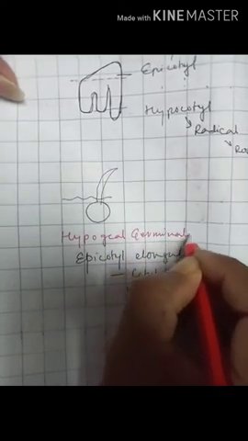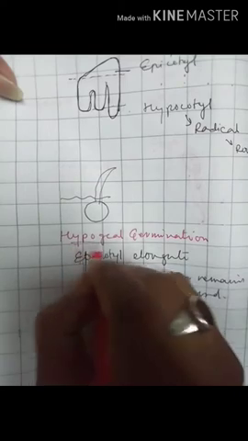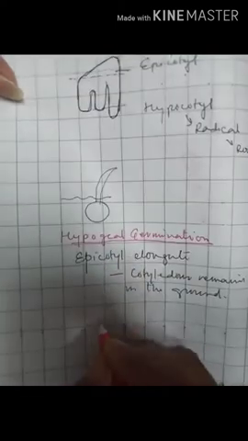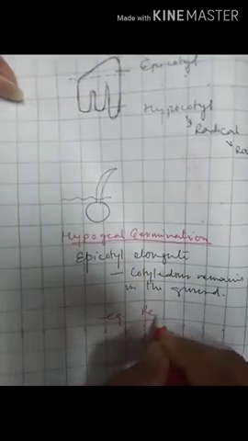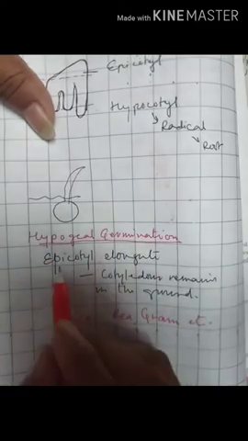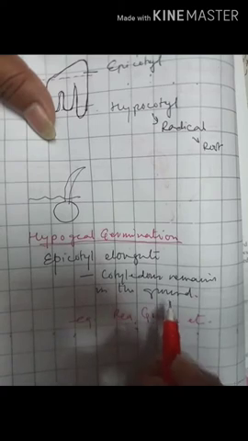Getting all of you? Hypogeal germination, and the examples are pea, gram, etc. So once more, in hypogeal, epicotyl elongates first, so the cotyledons remain in the ground. Example, pea, gram, etc.